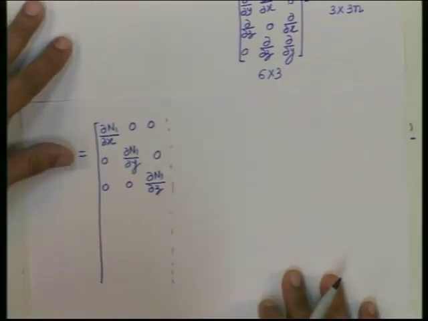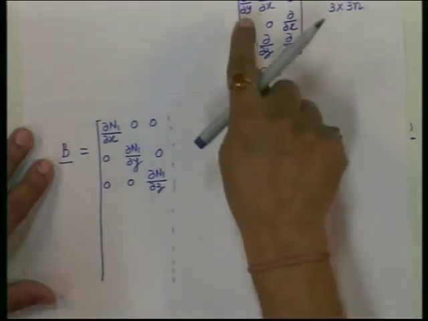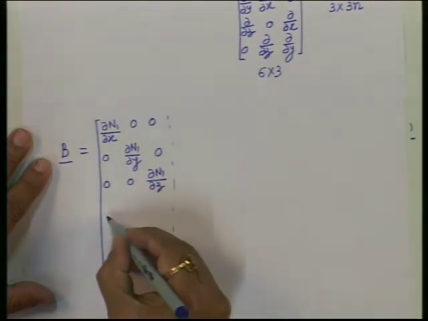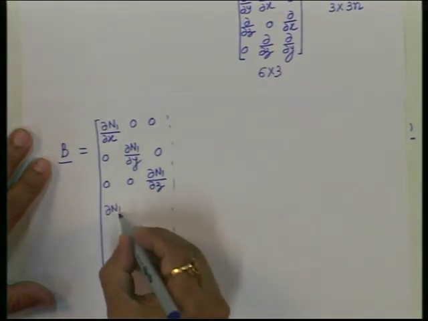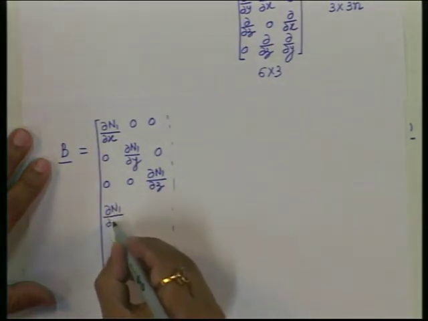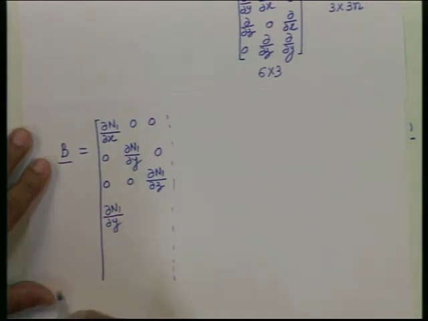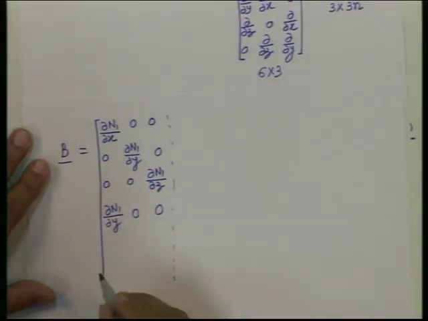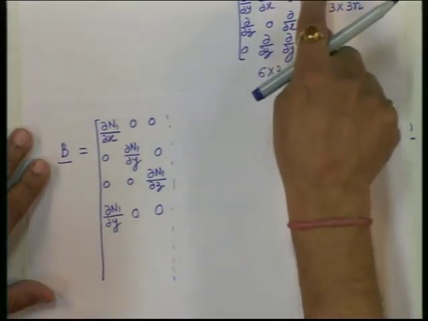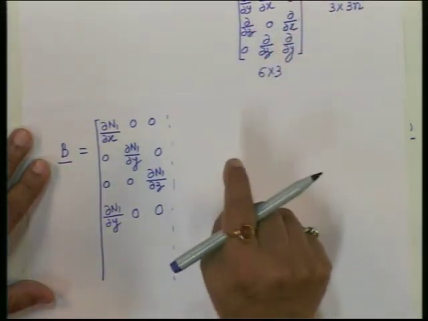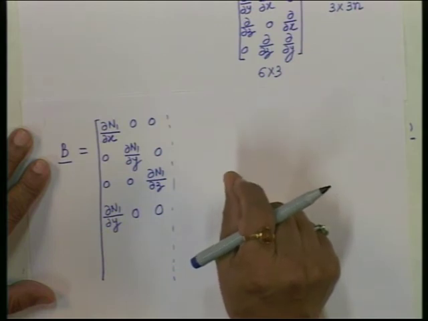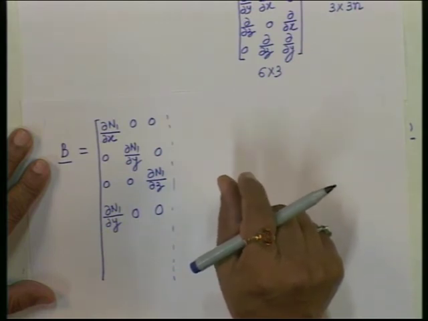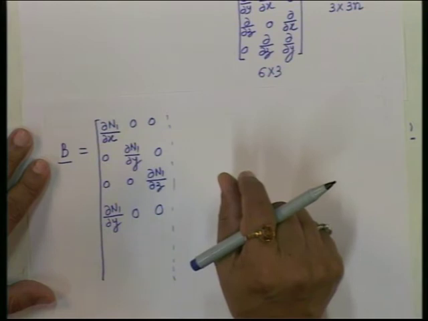Okay, so then the third one will be this one, this into this, dN1 by dy. This is interesting. Then this row. No, I think I am making a mistake.